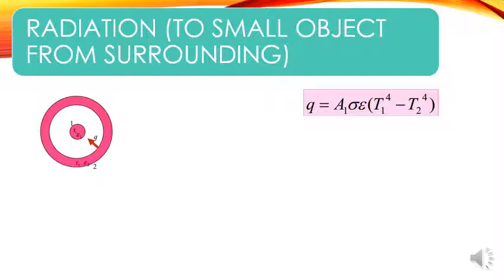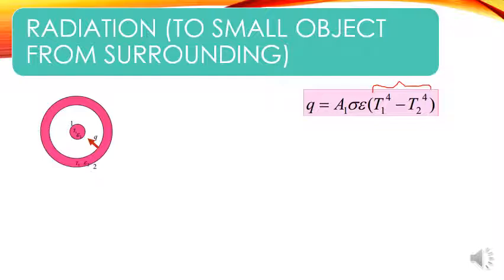If you have a look at this formula here, it's slightly similar to the one that we learned in part 1. However, here the terms are changed a bit, where we have the difference in temperature between object 1 and object 2. Remember, object 1 is supposed to be the smaller object.